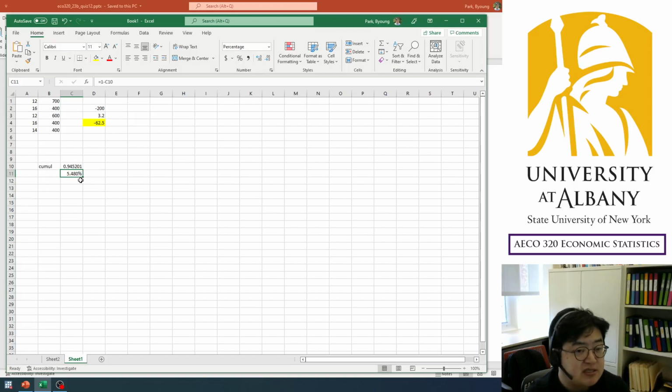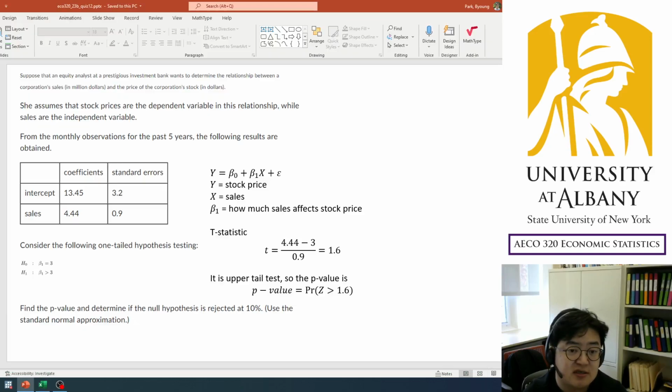So the answer is 5.48%. So the p-value is 5.48%, and the null hypothesis is rejected at 10% because the p-value is smaller than the significance level of 10%. Okay, that's how you make the decision.